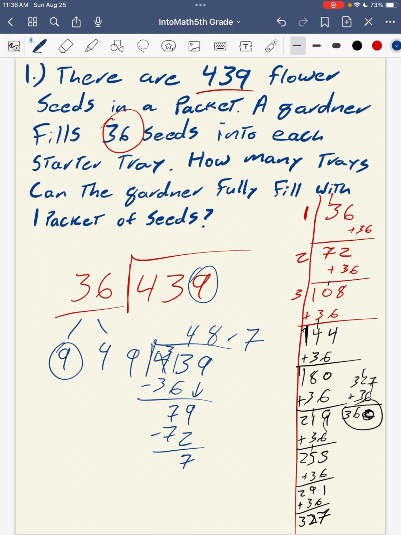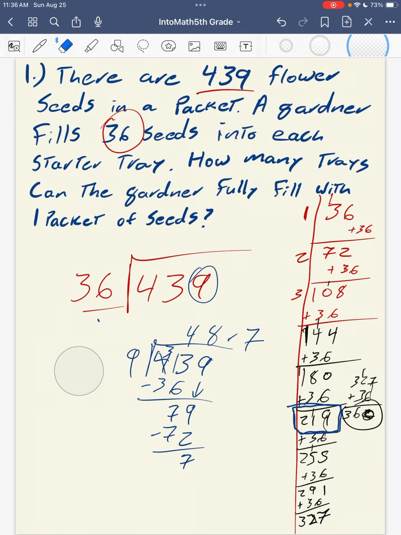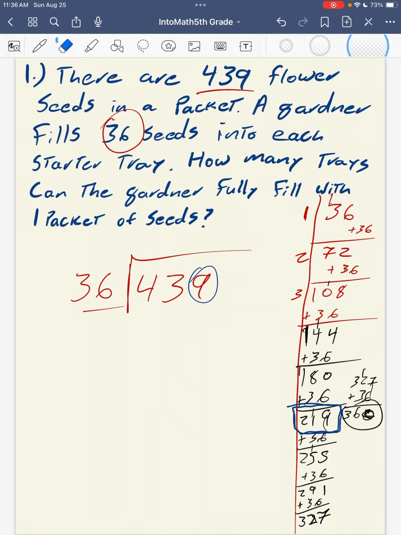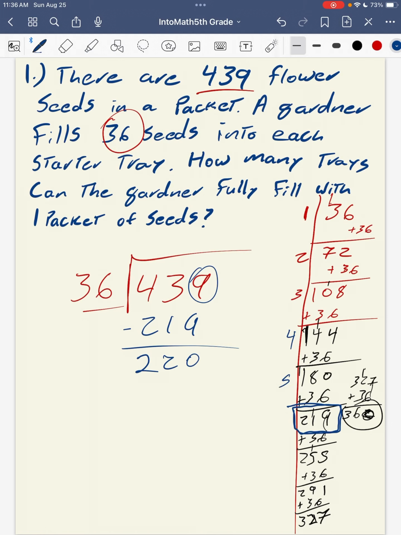Well, if I go back to my multiples here, for 439, I have 219 as a possible one. I don't think that path was leading me in the right direction. So if I subtract 219 from here, that leaves me with 220. And I got 219 as my 6th multiple.